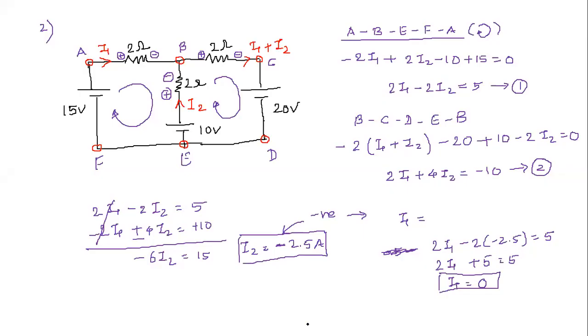That means the 15-volt battery is not taking any current, right? It is idle. It is not doing anything. It is neither supplying current nor taking current, as if it is of no use in the circuit, right? You can always verify this answer with your animation if you wish.